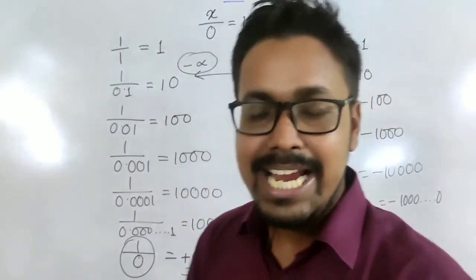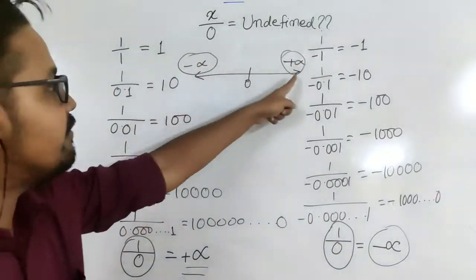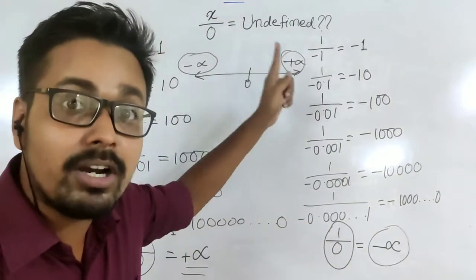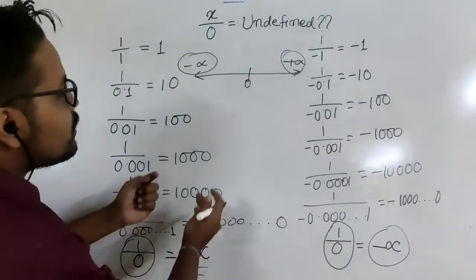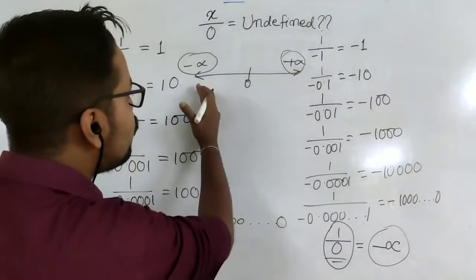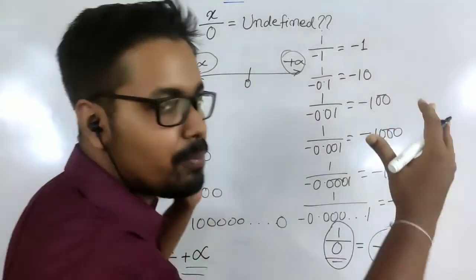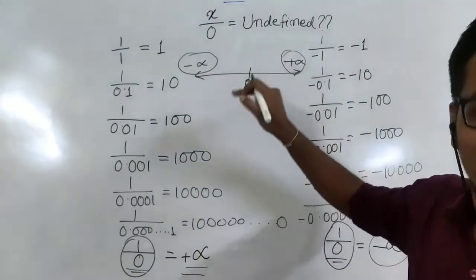How on earth is it possible that the same fraction can have two different values that are so far apart from each other? And since we can't find any sense to it, since we can't define how the same fraction can have two completely different values, hence we call it undefined.